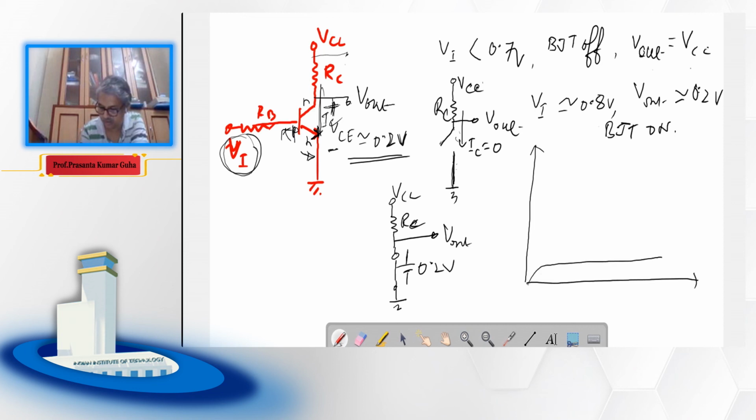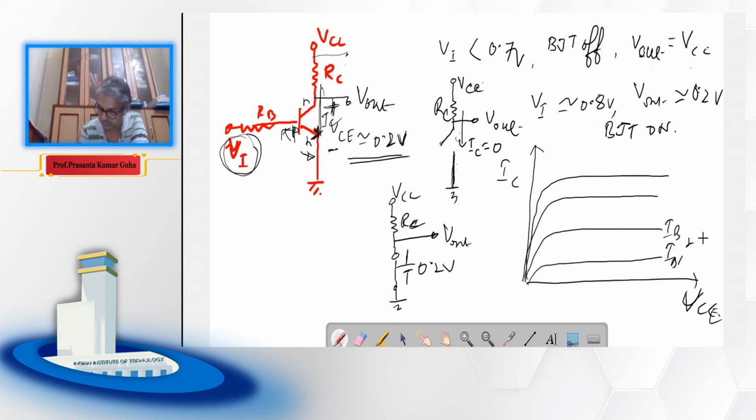So if I plot the output characteristic, IC versus VCE, for different values of IB, you see when there is hardly any current, the transistor is in cutoff.